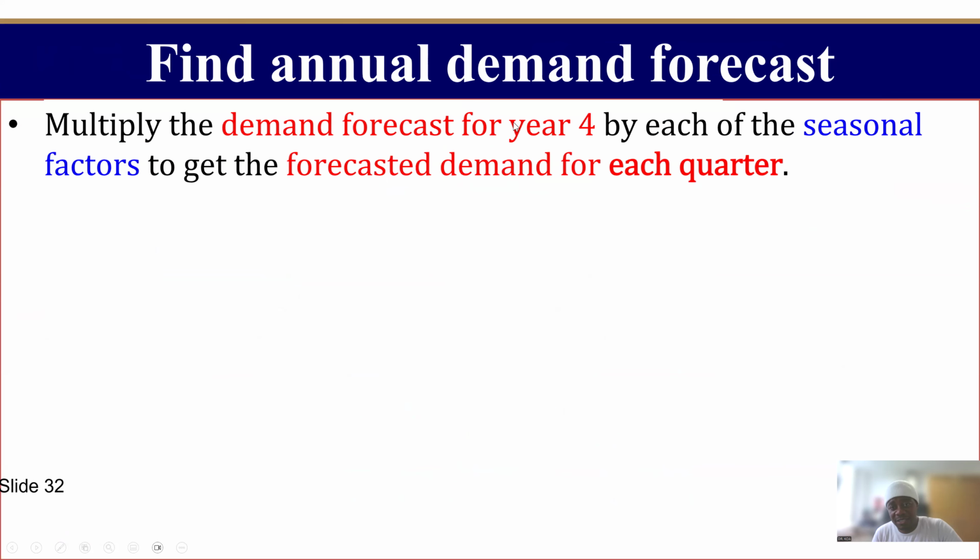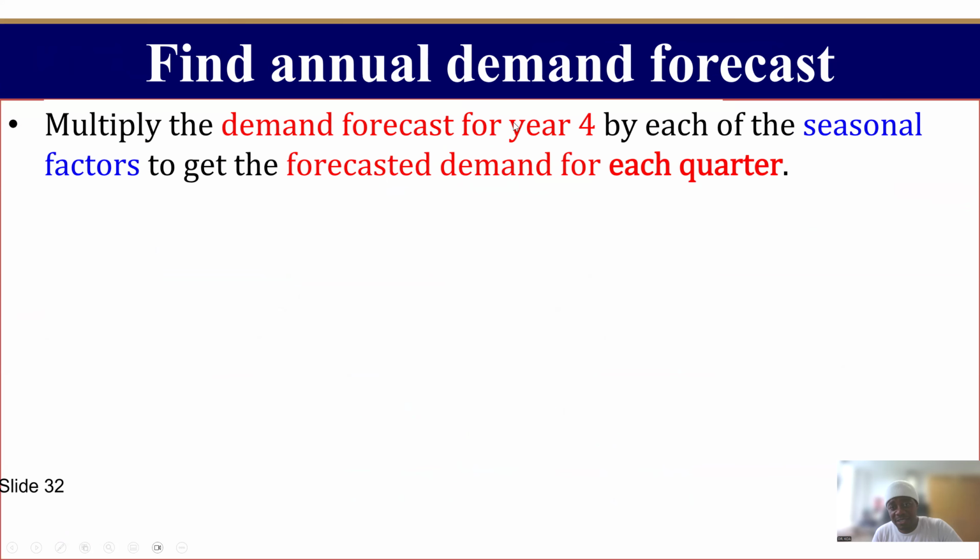It's basically like this. The quarterly demand should be equal to the yearly demand forecast, the demand forecast for the annual period, multiplied by the seasonal factor. And that will give me the quarterly demand.